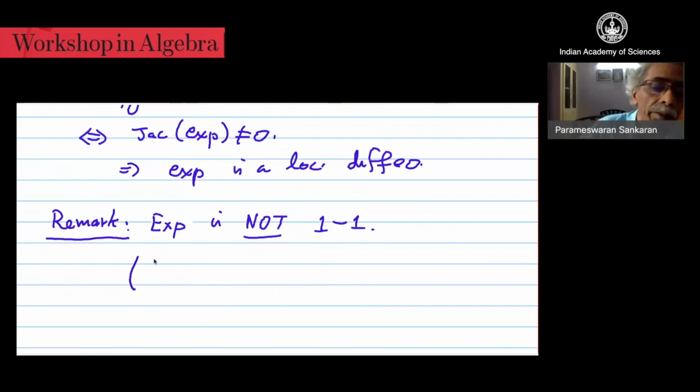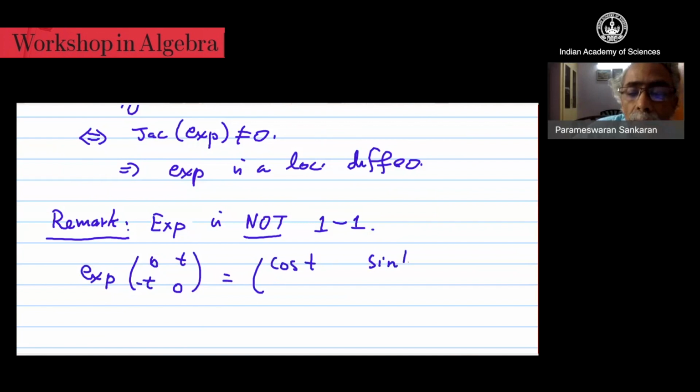So you take this 0, 0, 2 pi. Yesterday we did this calculation, right? So t, minus t here rather. So exponential of this, we calculated it. What was this? I suppose it was cos t, sin t, minus sin t, cos t, right? Now put t equals 2 pi.